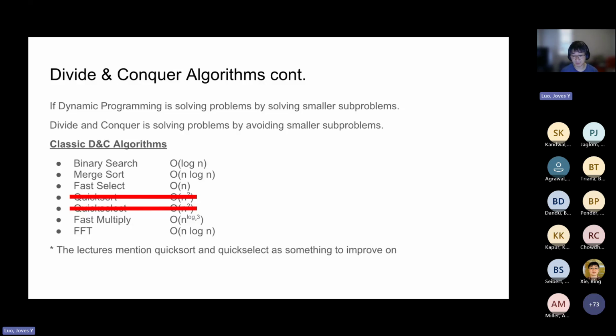So picking a pivot at random is certainly faster than picking a pivot smartly, right? But because picking a pivot at random, even though fast, could potentially blow up the runtime of your entire algorithm, it is better to pay the cost of picking a smart pivot in O of n to ensure that the worst case scenario is O of n for your fast select. Whereas picking the random pivot in O of 1 could potentially blow up the runtime of the rest of your algorithm, which is bad.